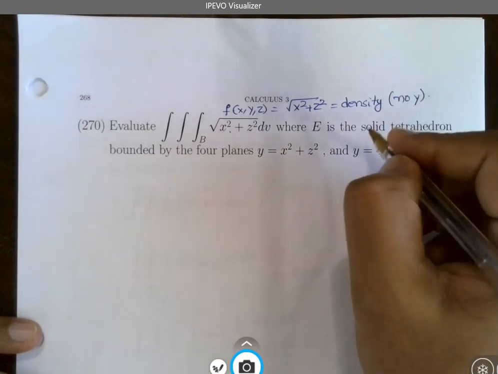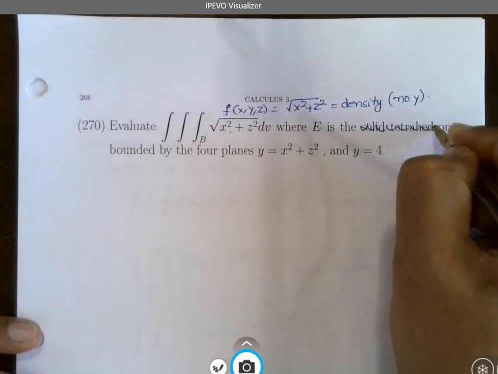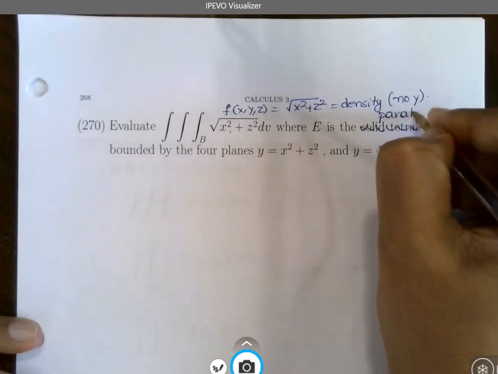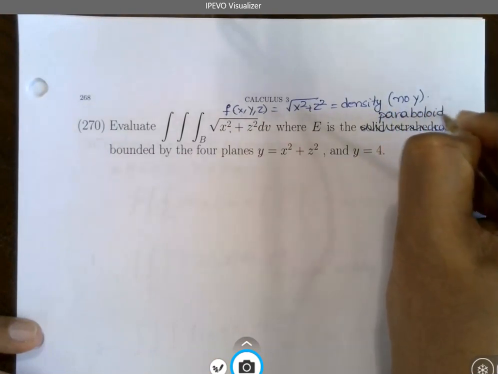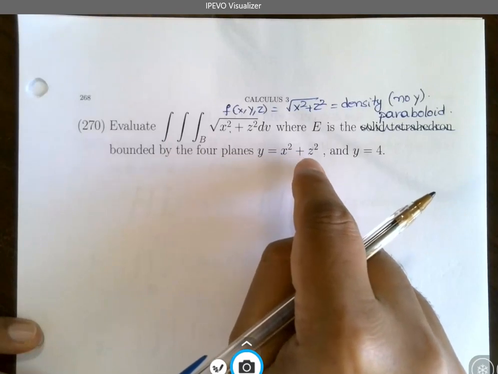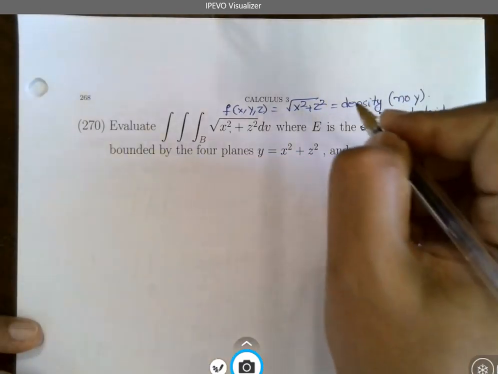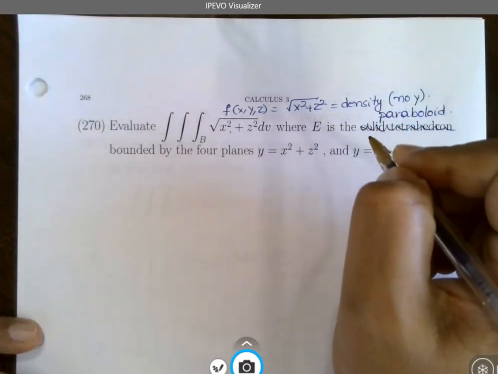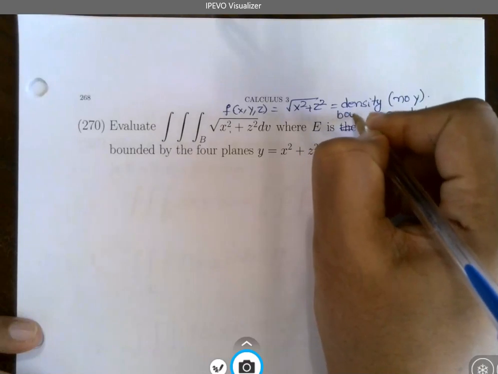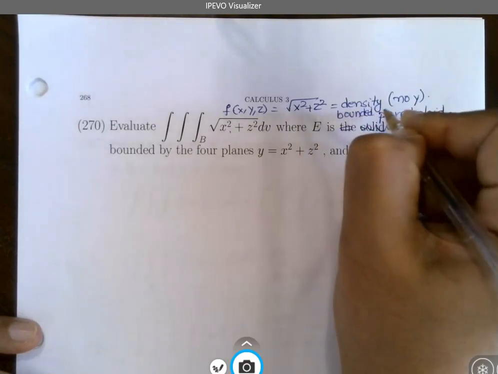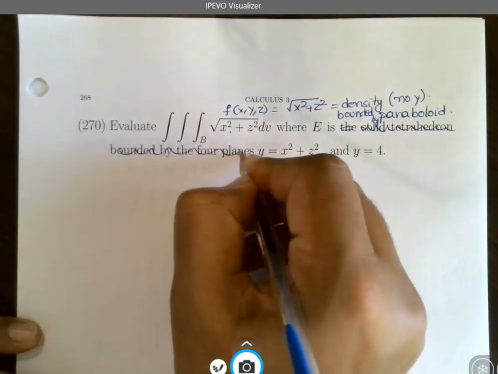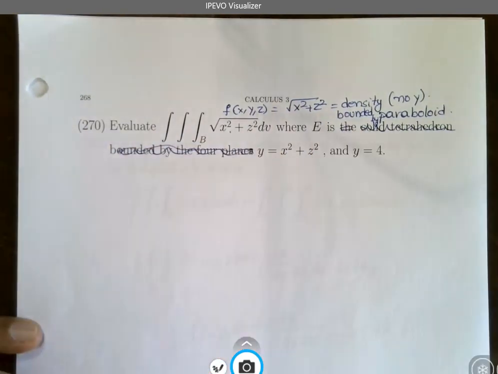Here it is a paraboloid, because this looks like a paraboloid to me, so E is bounded by the paraboloid.